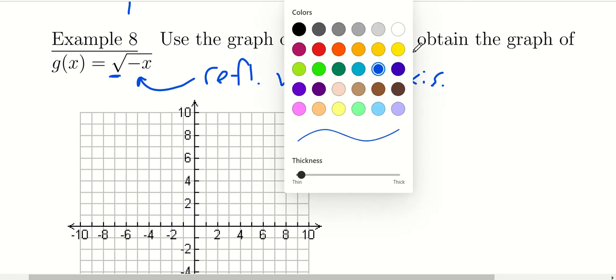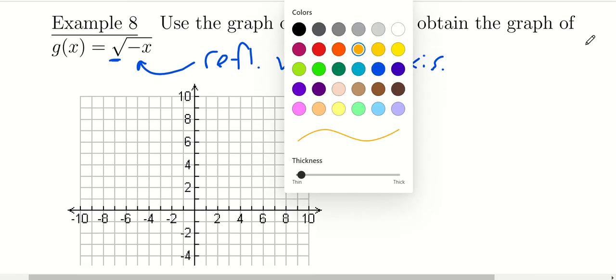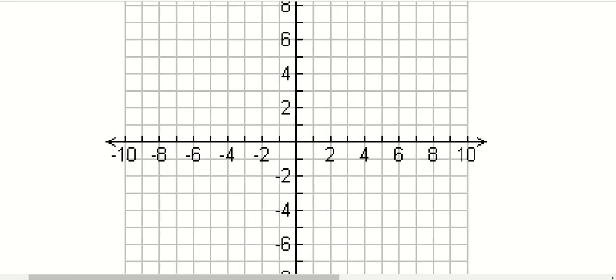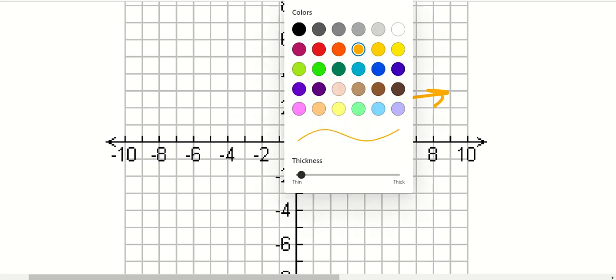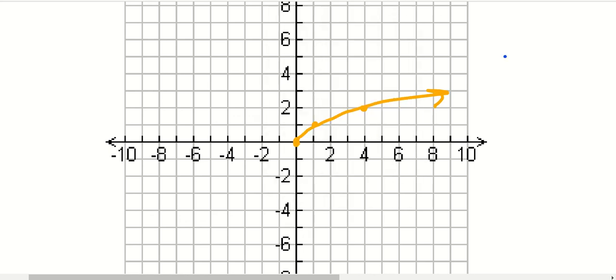To begin, let's go ahead and draw our parent function's graph. We know that the square root graph looks like this. There we go. And now all we're going to do is reflect it across the y-axis. This point is on the axis of reflection, so it's a fixed point. It doesn't move. The point at 1, 1 is now going to get moved to -1, 1.